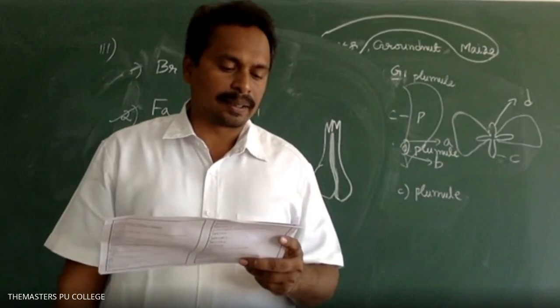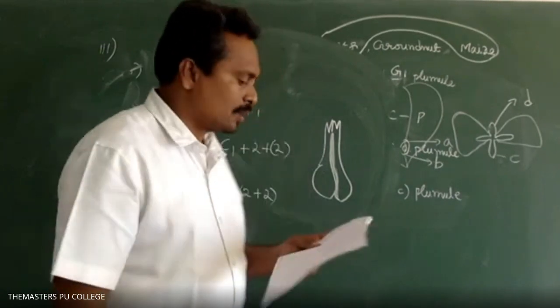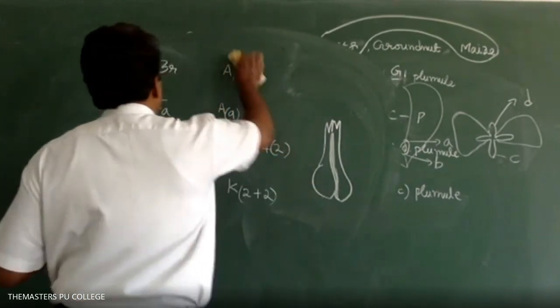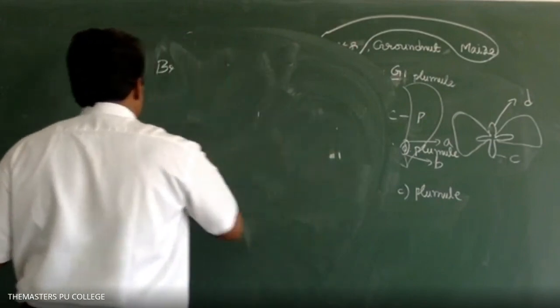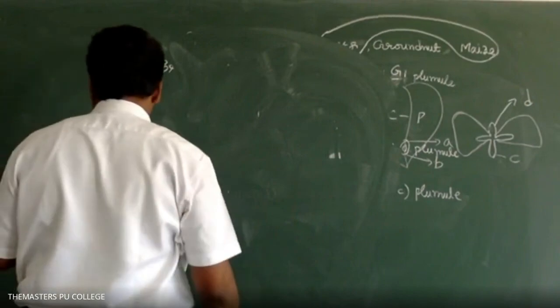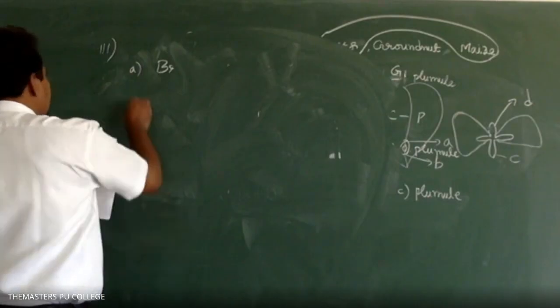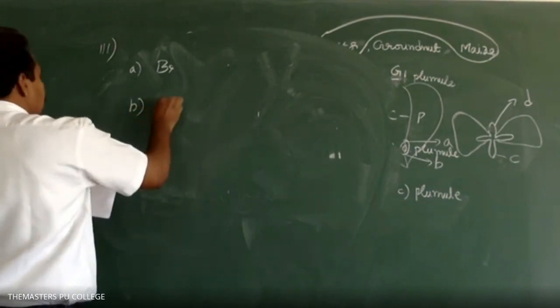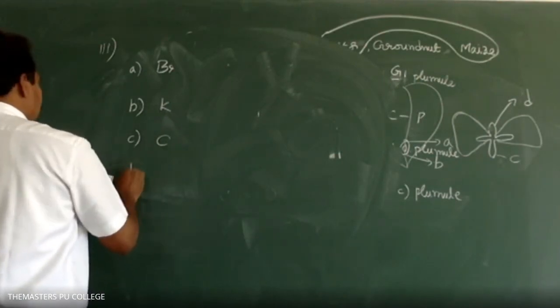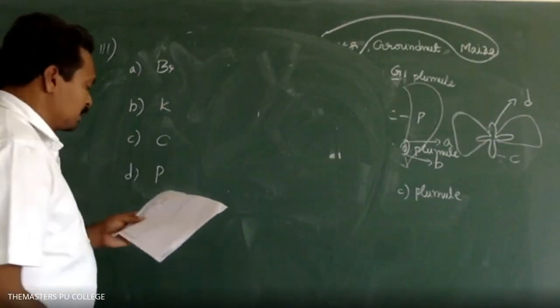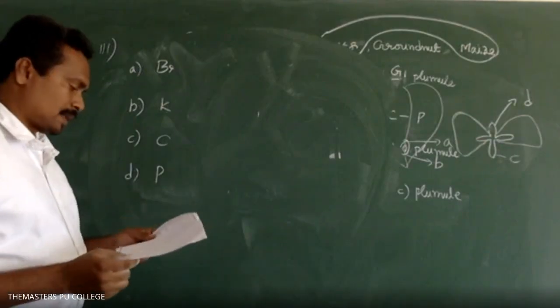Next, select the correct option. Option 3. Very good. Br denotes bracteate, K calyx, C corolla, P perianth. So third option is the correct answer.